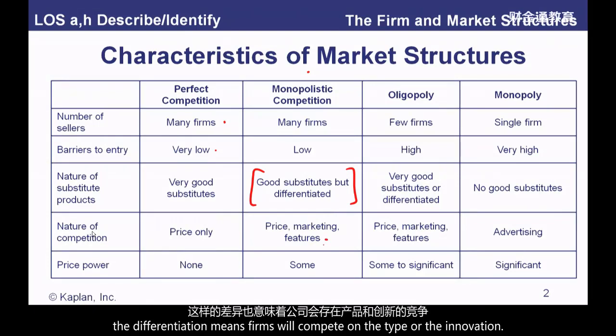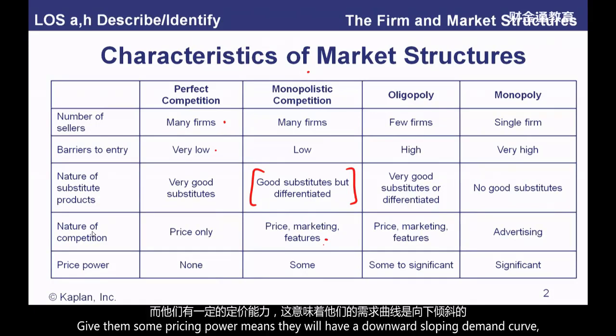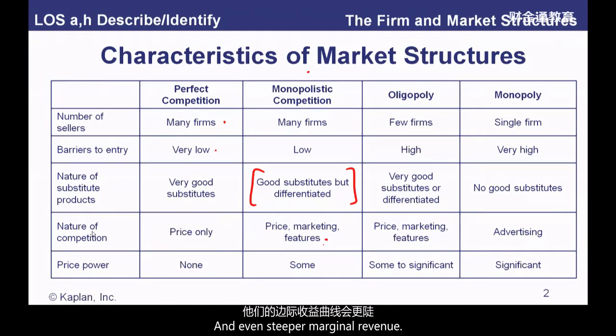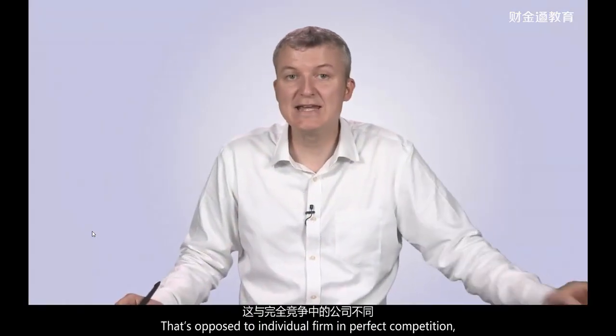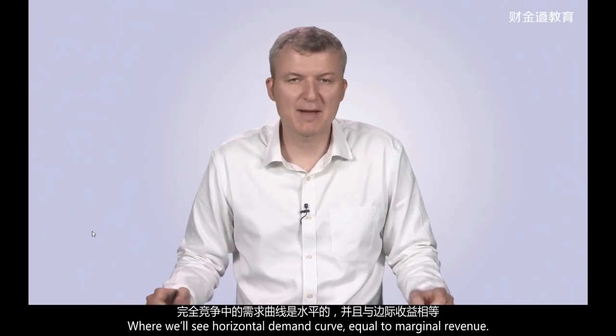The differentiation means firms will compete on the type or the innovation, the different twists in their individual products, to try and get some brand loyalty. It gives them some pricing power, which means they will have a downward sloping demand curve and an even steeper marginal revenue. That's as opposed to the individual firm in perfect competition, where we'll see a horizontal demand curve equal to marginal revenue.